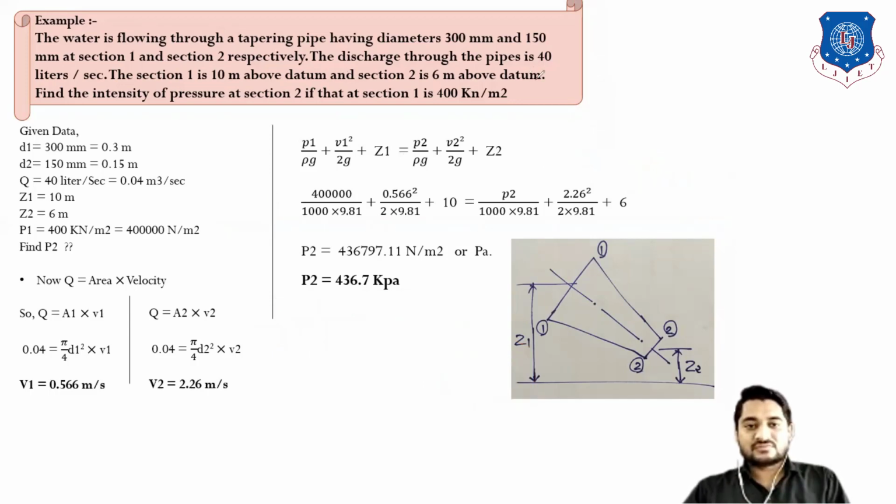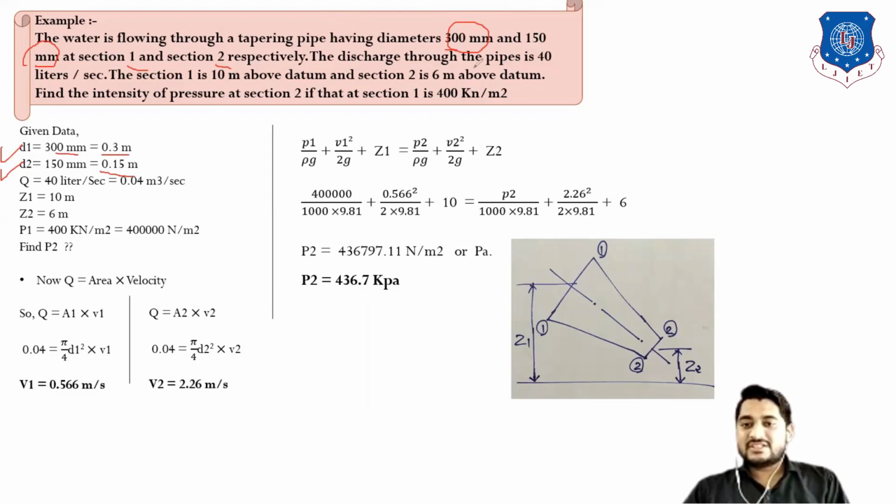Okay. Then let us take this example. The water is flowing through the tapering pipe having diameters of 300 mm and 150 mm at section 1 and 2 respectively. So for section 1 we can take D1 and for section 2 D2. 300 mm we have to convert it into SI units. So divide by 1000, 0.3 meter, and D2 is equal to 0.15 meter.